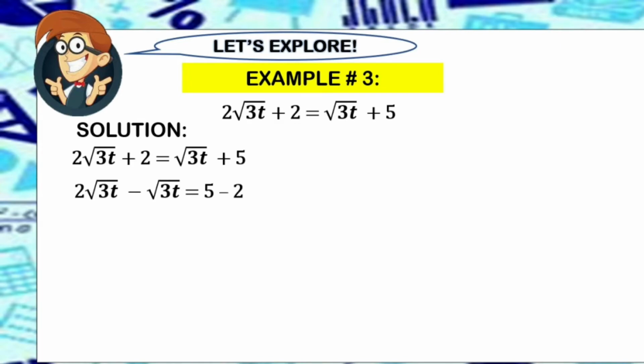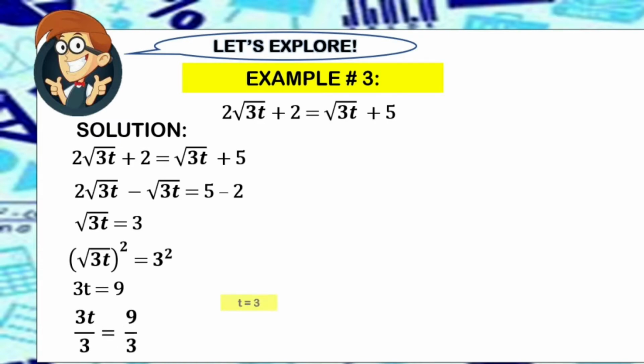This results in square root of 3t is equal to 3. Then, we square both sides of the equation, resulting in 3t is equal to 9. Next, we divide both sides of the equation by 3, since 3 is the numerical coefficient of t. Solving, we have t is equal to 3.